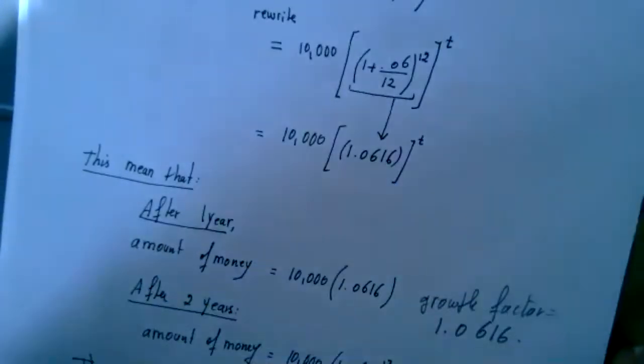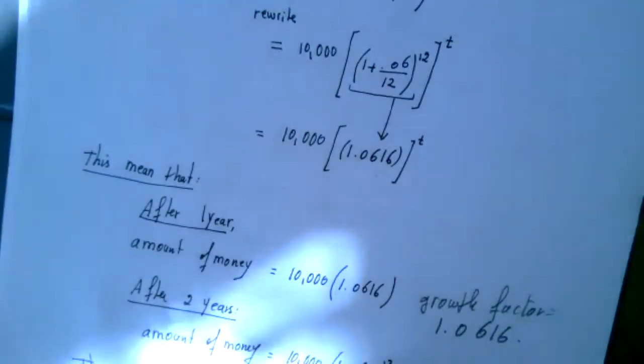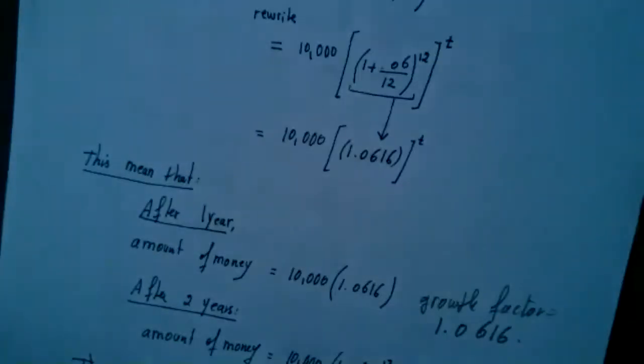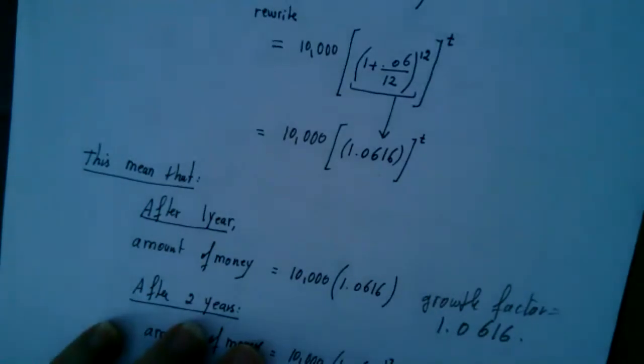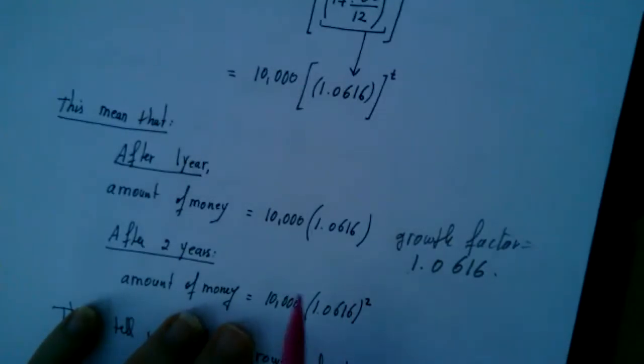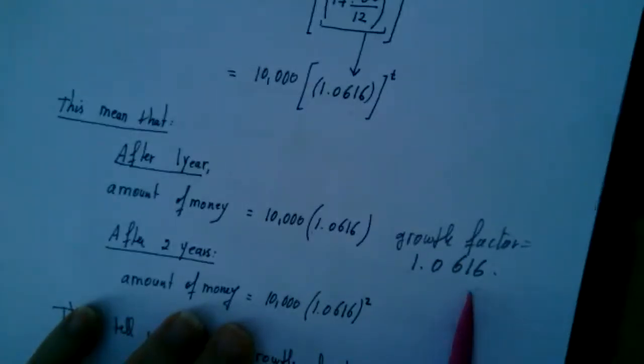So what is actually my effective rate? After 1 year, that's my growth factor. So effectively, what was the interest on my money? Sorry, I'm trying to get rid of the sun, which is shining on the paper. So now my question to you: if this is the growth factor, what is the actual interest rate you're getting on your money after 1 year? 6.16.